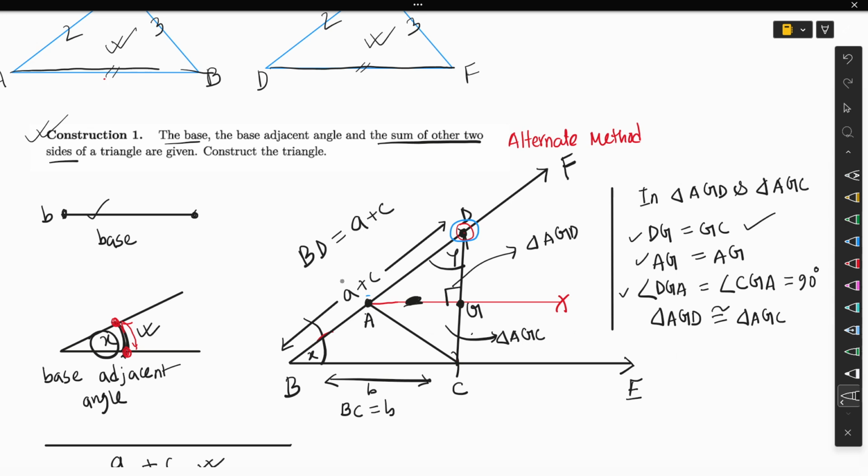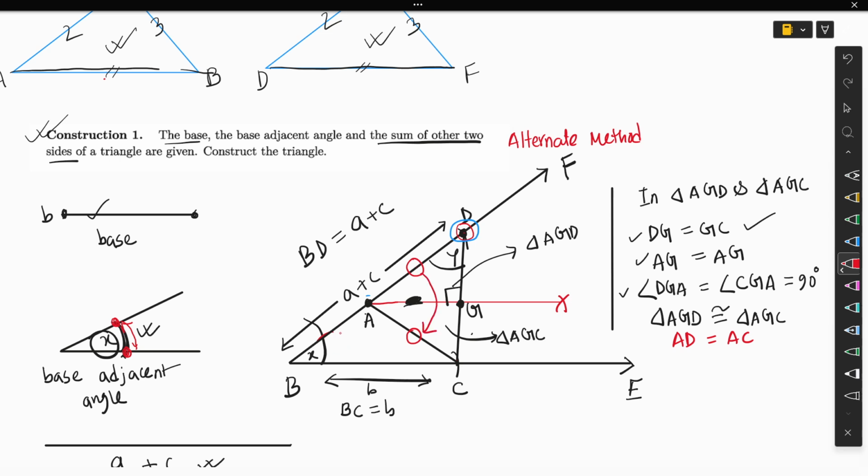So the rest of the things must be equal. So you can say, we need this AD equal to AC. These 2 sides should be equal, so we can write AD equal AC. So we are finding the same thing. AG is becoming this side.